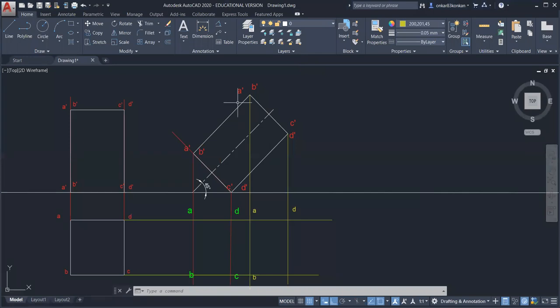And the edges which are nearer to the observer must be visible. So if you observe vertically downward, the first edges which are visible are A dash and B dash. These two edges in the top view must be visible, so we have to show this by a continuous thick line.